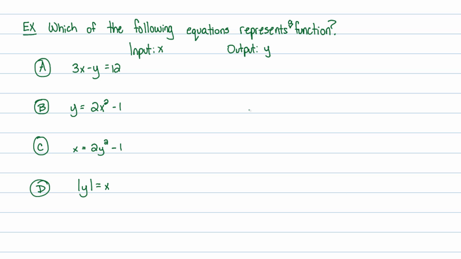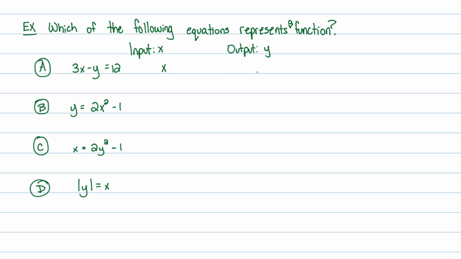Right. And so if I build a table to try to figure out whether each of these is a function, it might help out, but I have to warn you, it's often a very bad idea to build a table to do anything in mathematics, except to notice patterns, because you often miss a lot of information with a table. But hopefully we get a little bit lucky here with our choice of tables.